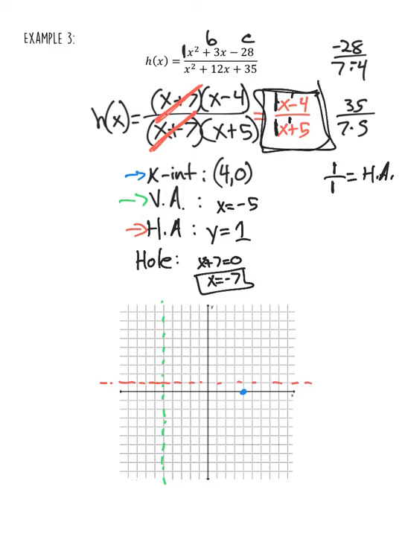If I put -7 in there, I get -11 over -2, which gives me 11 over 2. So at -7, 11 over 2 is going to be 5.5. There we go. All right, so that's my hole in my graph.